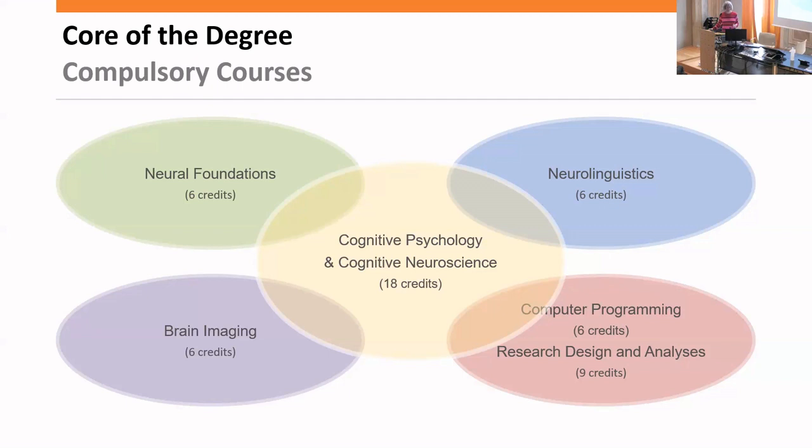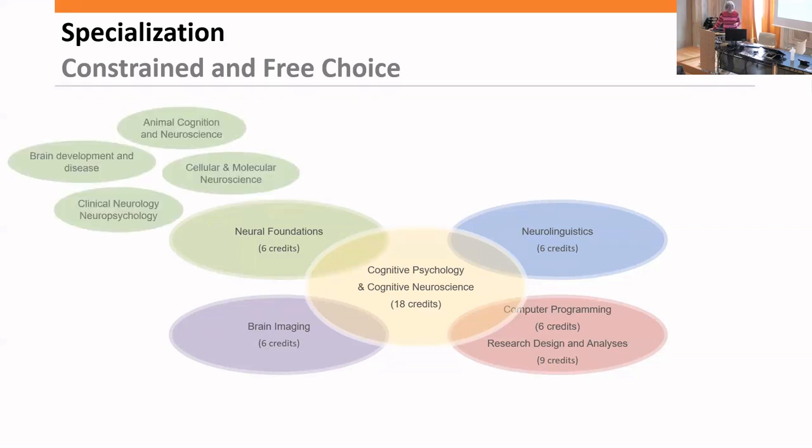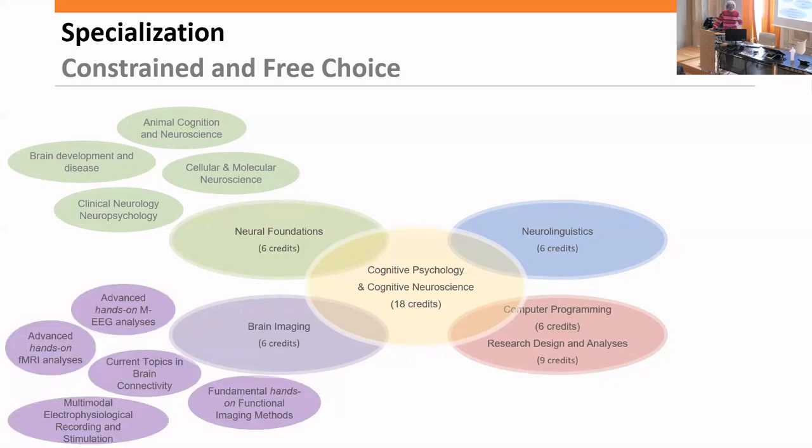But these compulsory courses are also supported by a large number of constrained and free choice courses within the area of neural foundations, animal cognition, cellular biology. Within the area of brain imaging, again, there are many courses that are really hands-on, where you will learn how to collect and how to analyze data.